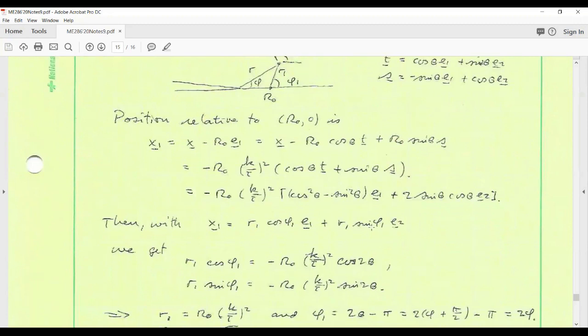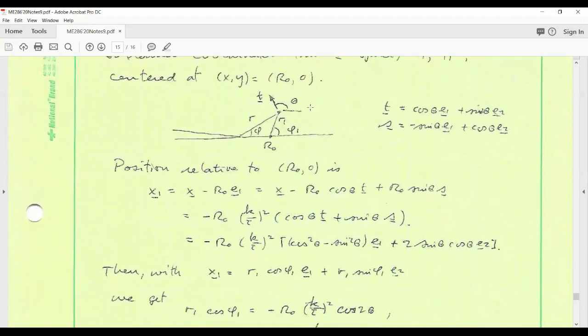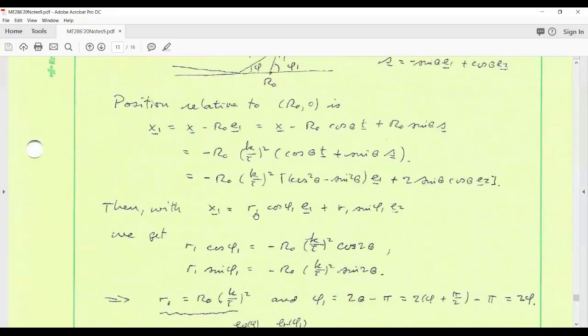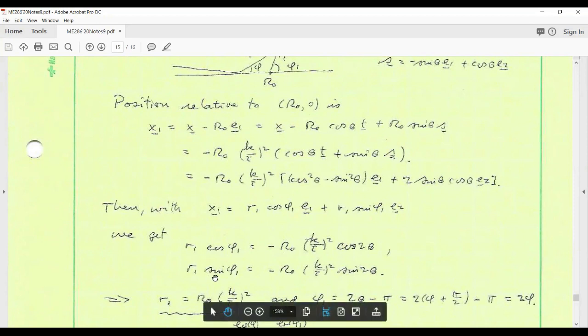And so that suggests that if we now introduce polar coordinates for this vector x1, running from r0 to a generic point here, the radius would be r1, the azimuth would be phi1. So as usual, the E1 component of x1 would be r1 cos phi1, the E2 component would be r1 sine phi1. Okay. So by putting this on the left and equating two sides, and with a couple of trig identities, you get r1 cos phi1 and r1 sine phi1 in terms of tau and theta.